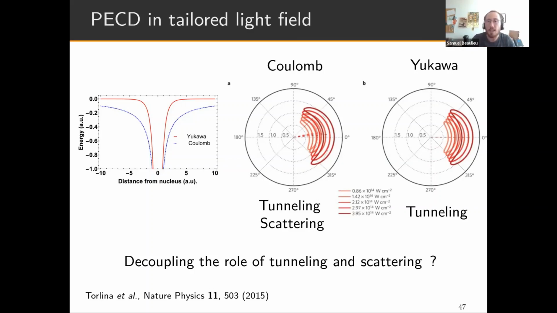And because the Yukawa potential is only sensitive to tunneling and it shows no angular offset, the conclusion of this work was that the angular offset in attoclock is mainly coming from scattering of the electron in the potential. And this was later confirmed by experimental measurement by the group of Igor Litvinyuk at Griffith in Australia.